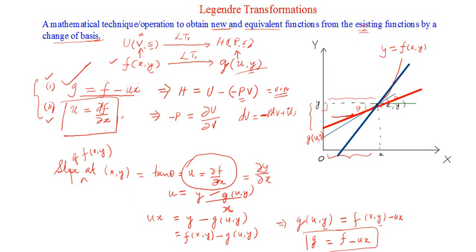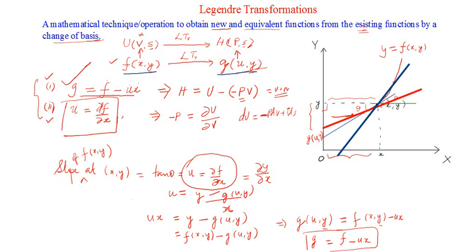So what does it mean? Whatever information is hidden in the original function can be obtained from the equivalent function g, where g actually represents the y-intercept of the slope, which the slope is making on the y-axis.